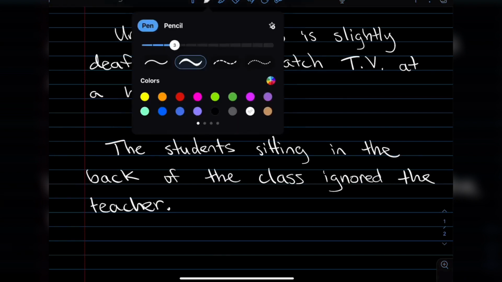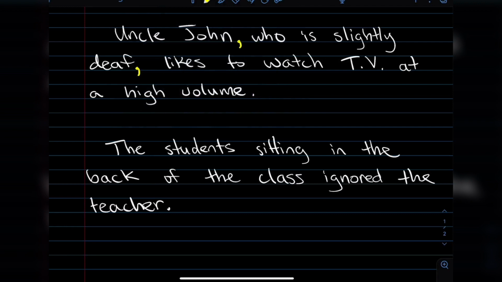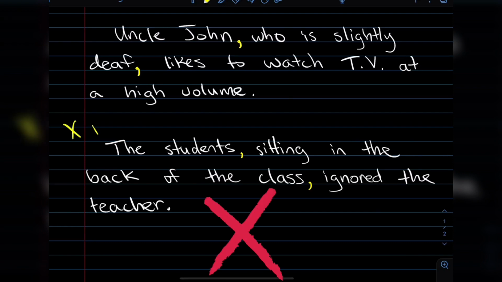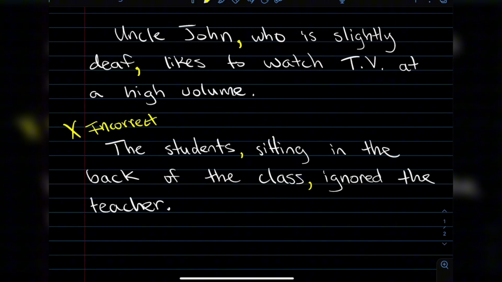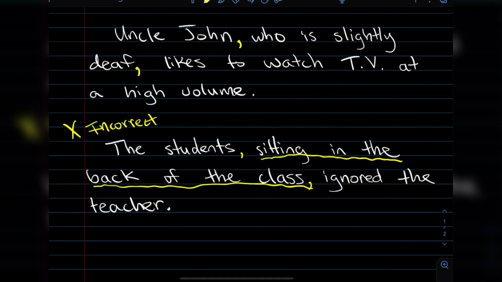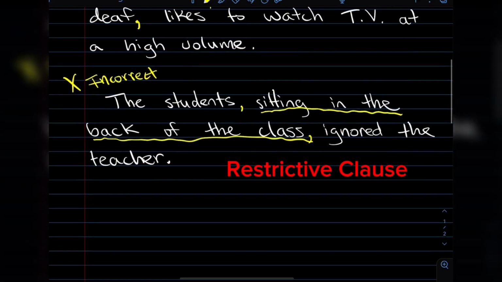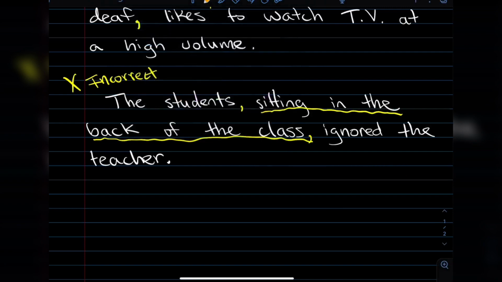If you were to mistakenly assume that you had a parenthetical in here, and you put two commas, one there and one here, the students sitting in the back of the class, with these two commas in place, this would actually be incorrect. Because the phrase in question that we're marking off here with the commas is not a parenthetical. It's actually what we would consider a restrictive clause, in contrast to the non-restrictive clause.